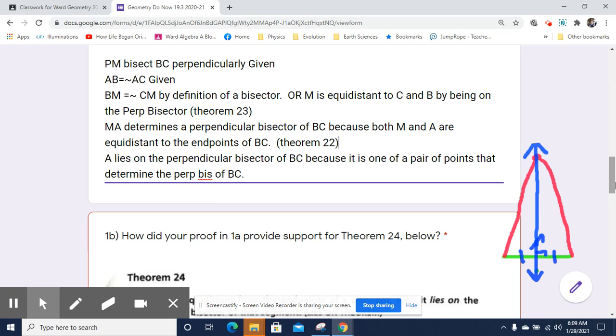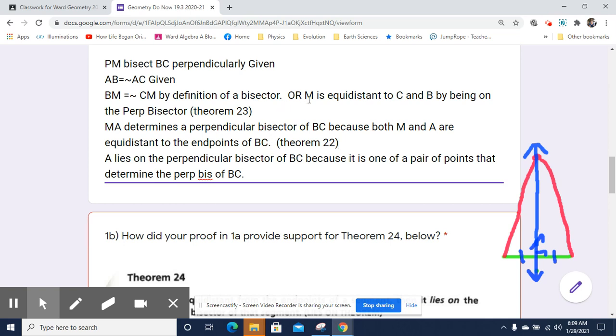At any rate, what we've done is we've combined the information that is contained in theorem 23, that if something's on the perpendicular bisector, then it is equidistant to the endpoints. And then if something is equidistant to the endpoints, then it and another point that has the same features determine the perpendicular bisector.